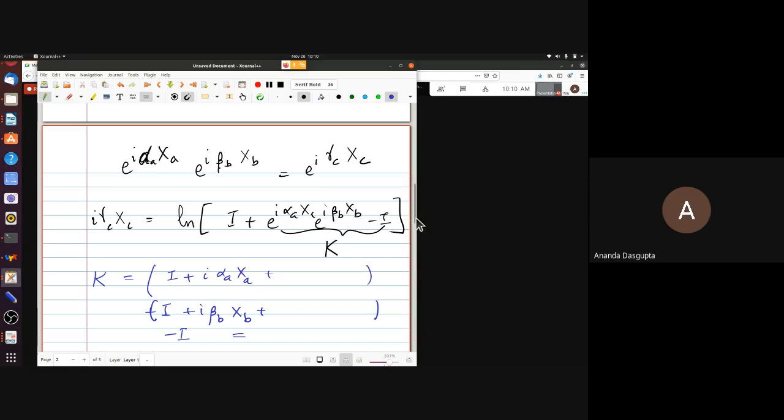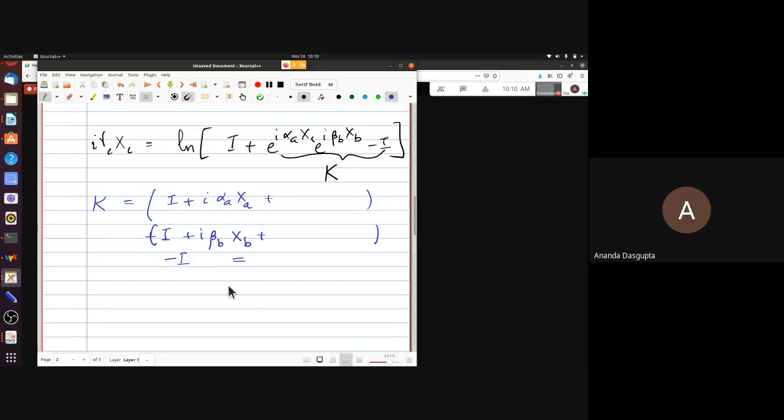So if you just use this much, you multiply them together and you get i alpha a plus beta a xa, right? And then i gamma c xc, which is log of 1 plus k, is simply going to be k minus, of course, there is minus k squared by 2 and so on, but yeah.